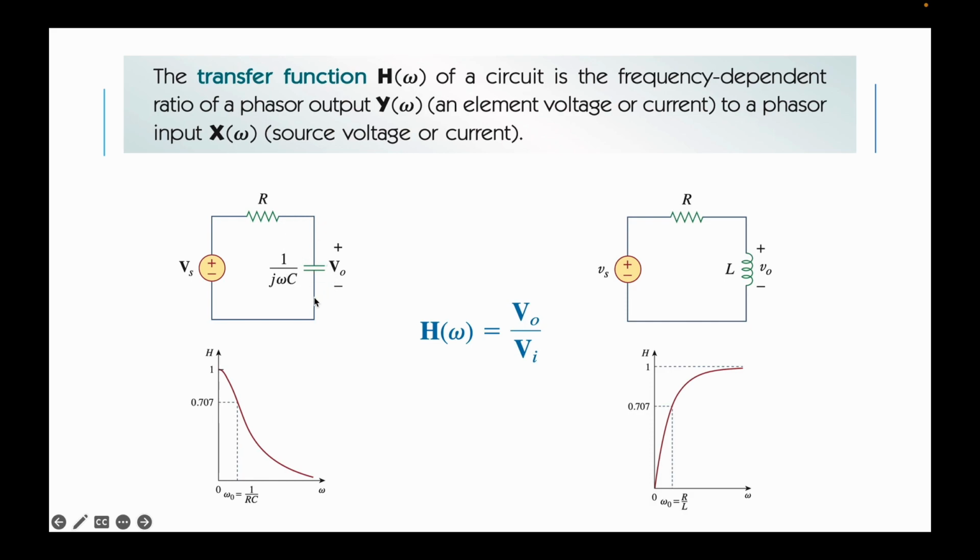So here and here we have the same voltage as the source voltage, but as the frequency rises, the capacitor acts more and more like a short circuit, and when the frequency reaches infinity, the capacitor becomes almost a short circuit. So then there will be no voltage drop across the capacitor. So that's how the frequency affects the transfer function.